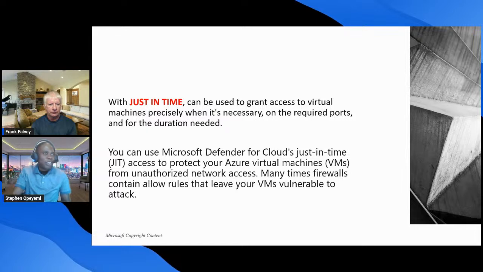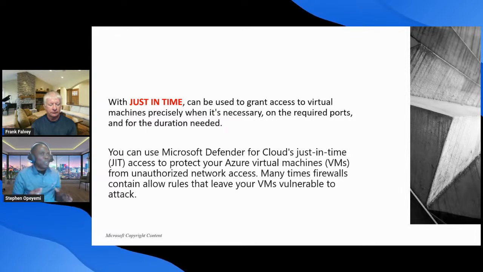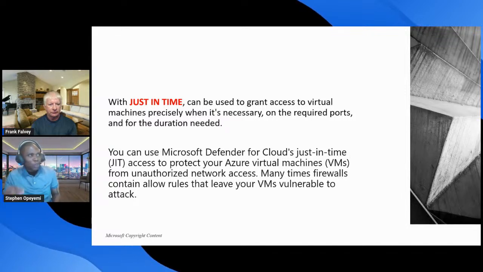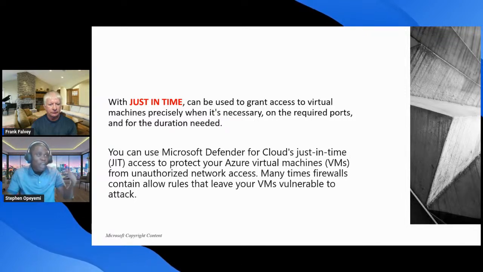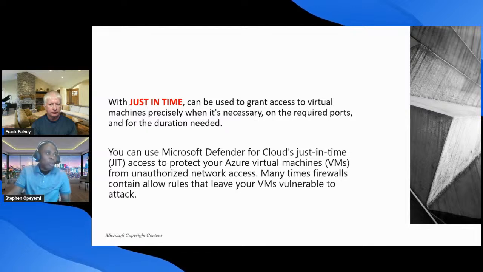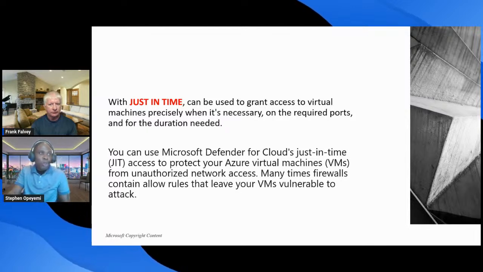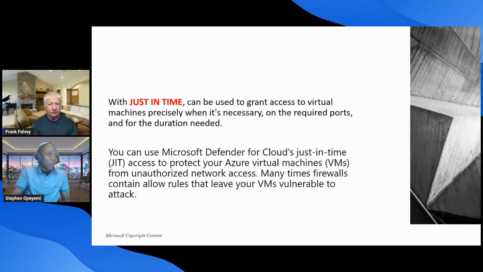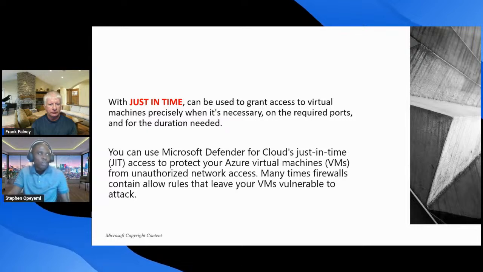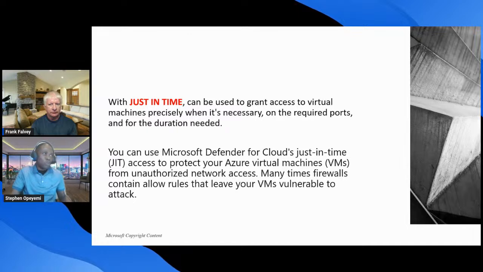So it is used to require access on your virtual machine only when it is needed. For example, if you need an external person to do some troubleshooting on your server or VM, you don't just give them the whole access to your server. You time them. You can decide to give them a period of maybe just 1 hour or 2 hours, and after that period, that server access will be withdrawn from them.